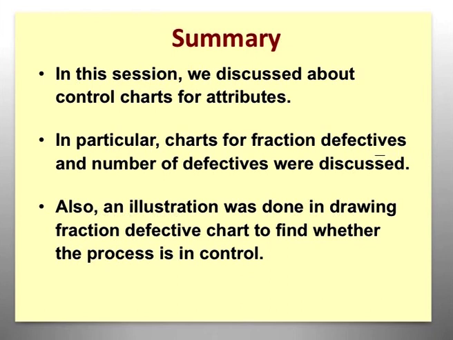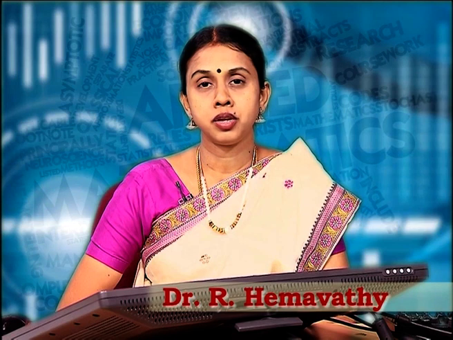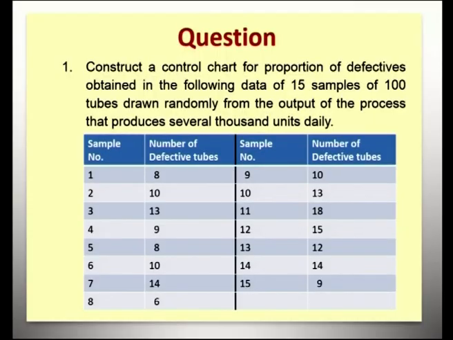An illustration was done to draw the control chart for fraction defective. We calculated the central line for P, UCL of P, LCL of P, and saw in this problem there were 11 values lying outside the control limits, and we termed the process not in statistical control.